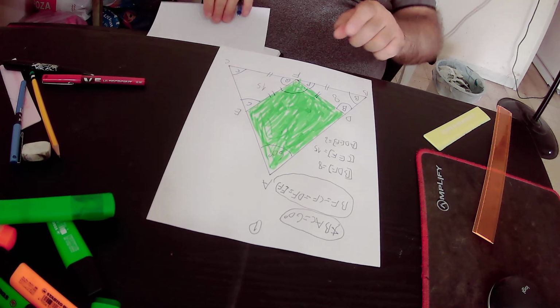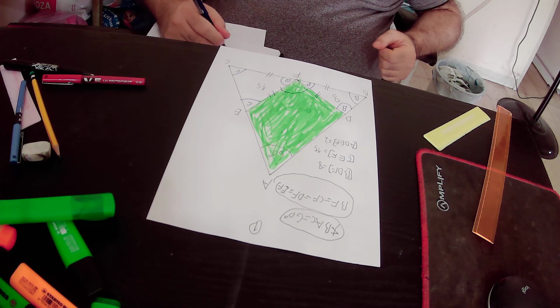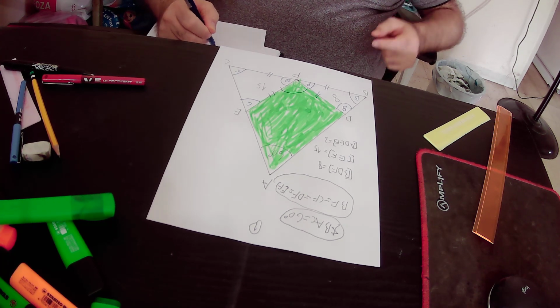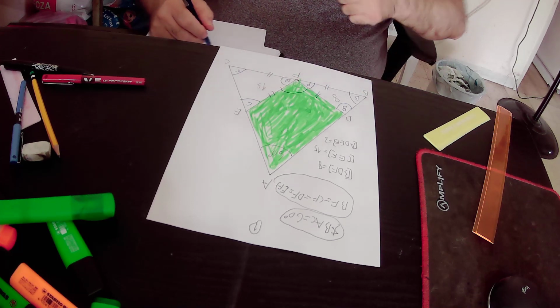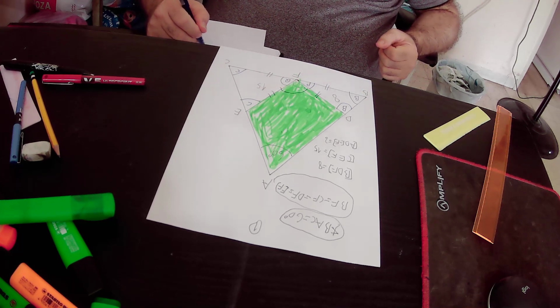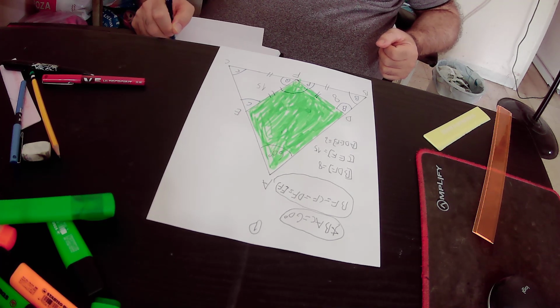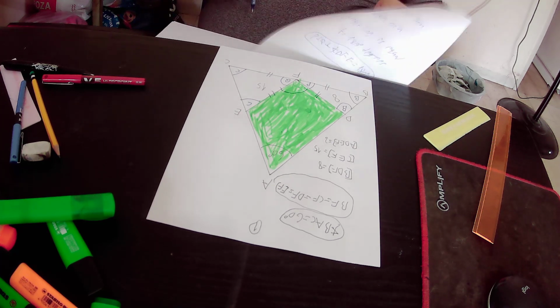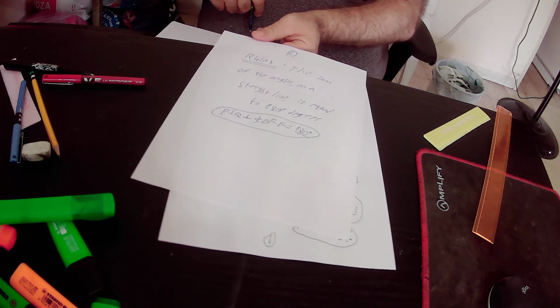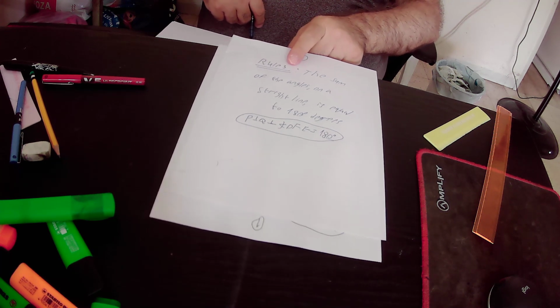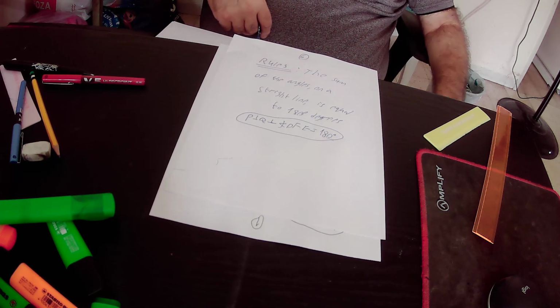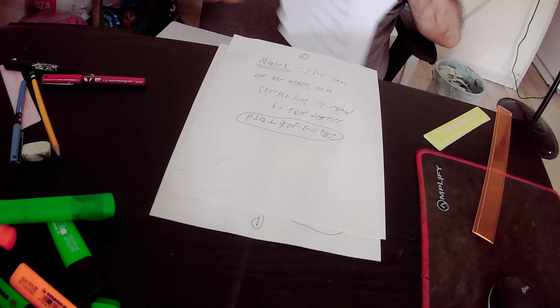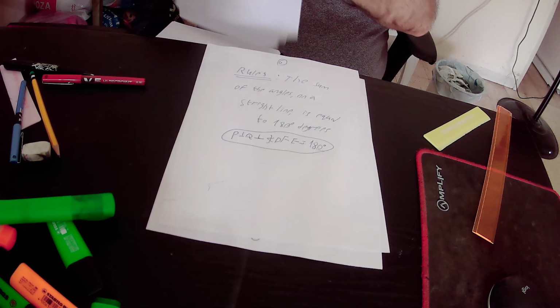That is to say, P plus Q plus angle DFE, this angle, must be equal to 180 degrees, according to rule 3. Again, according to rule 3, P plus Q plus the size of angle DFE must be equal to 180 degrees according to rule 3.